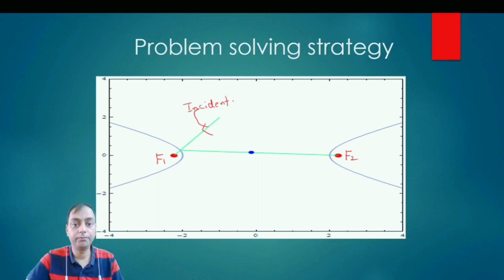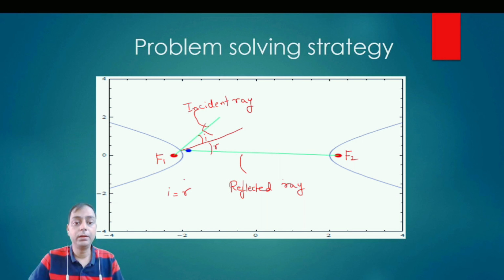So if an incident ray passes through a focus of a hyperbola, after reflection it must pass through the other focus. So this is I and this is R. This is the reflection property of hyperbola: the angle of incidence I is equal to R. So after reflection, the ray must pass through the other focus.